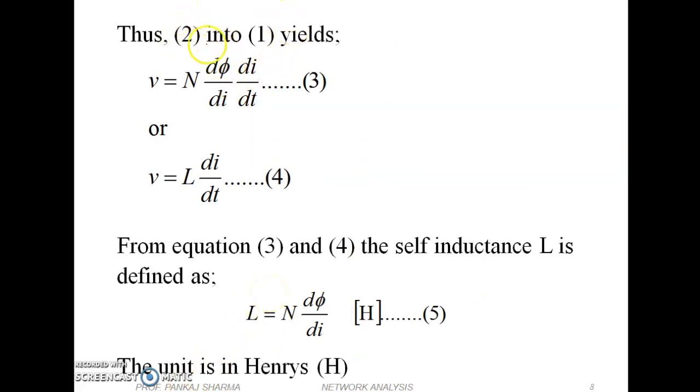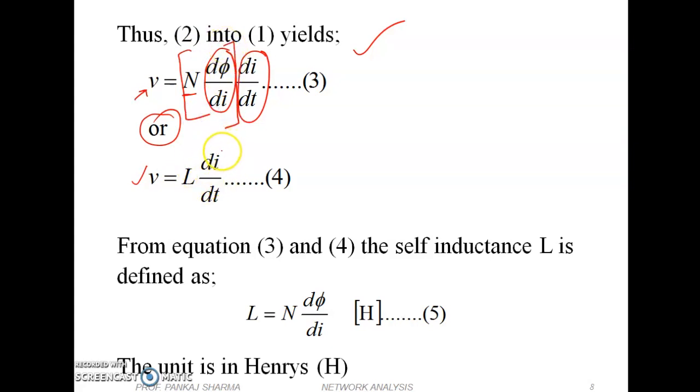Put equation number 2 into 1, then V is equal to N d phi by dt, d phi by di into di by dt. Or V is equal to, what is this whole thing, N d phi by di.